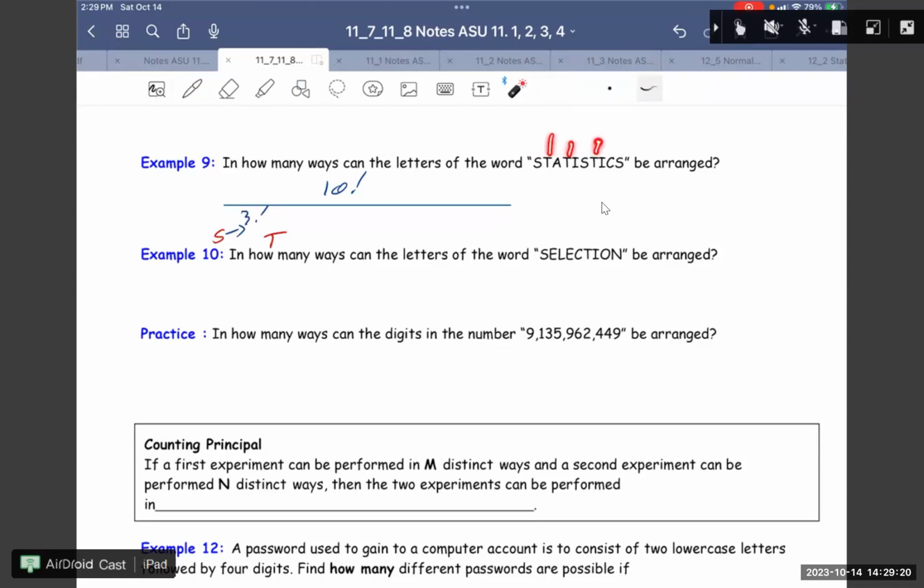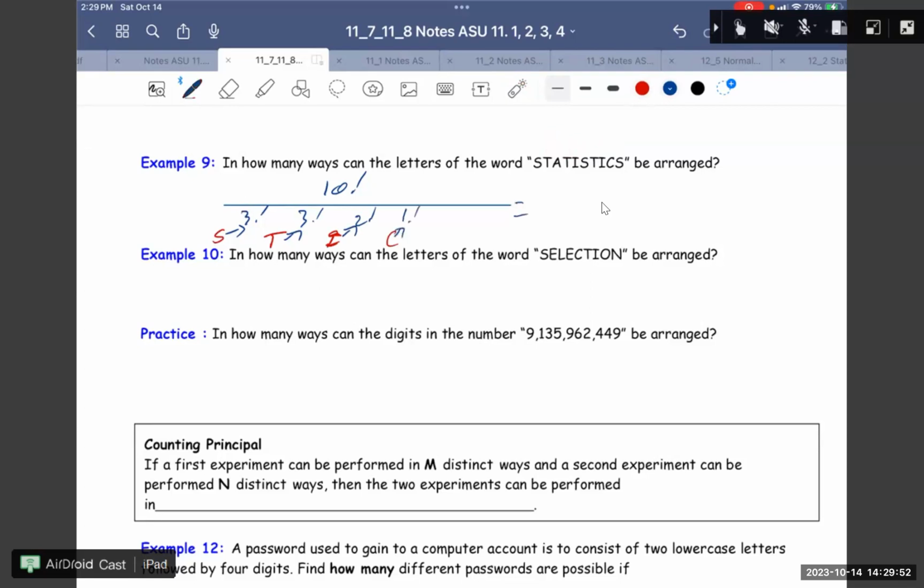So we also have 3 factorial for T. And then we have I. How many I's? 1, 2. So we have 2 I's, 2 factorial for I. And we have a C. How many C's? Just one C.